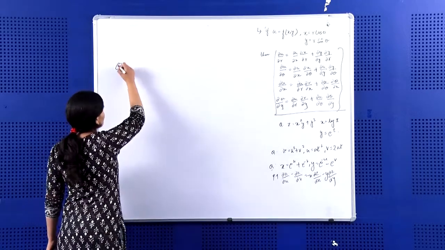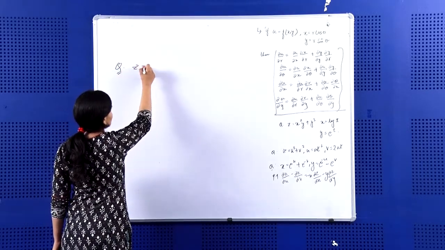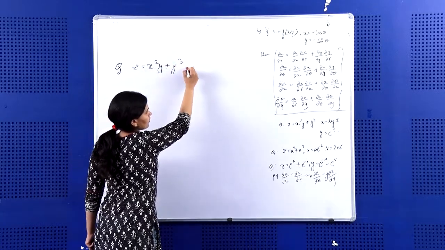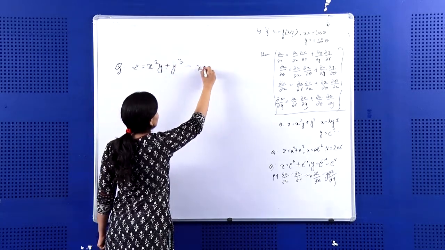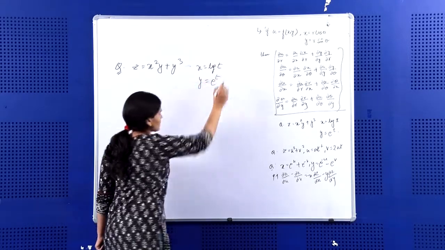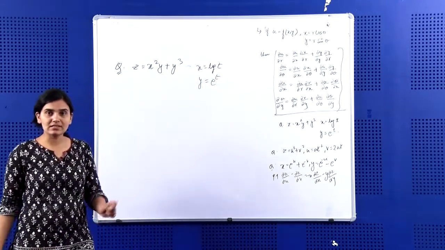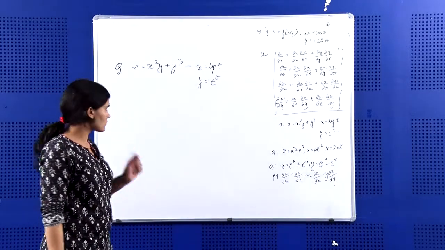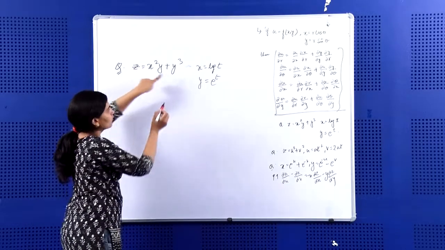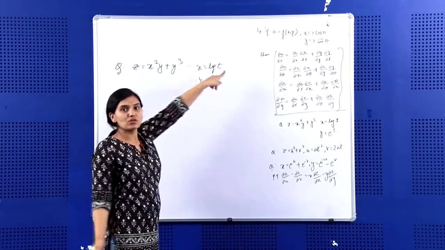Now, let us solve a few sums based on this. Let the first one be z equal to x square y plus y cube, where x is equal to log t and y is equal to e raised to power t. We have to decide which formula has to be used where. First we see z depends on x and y, which depend on t.